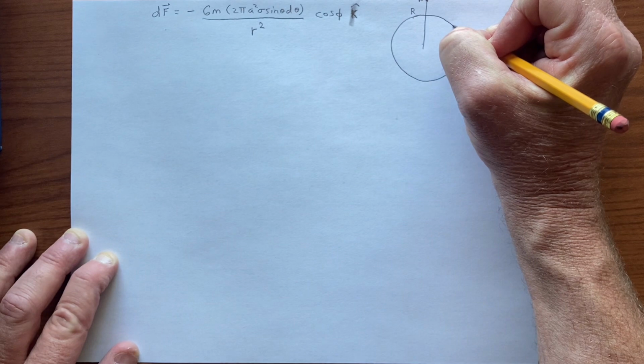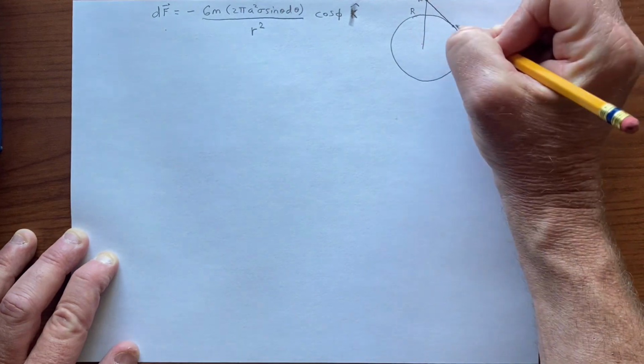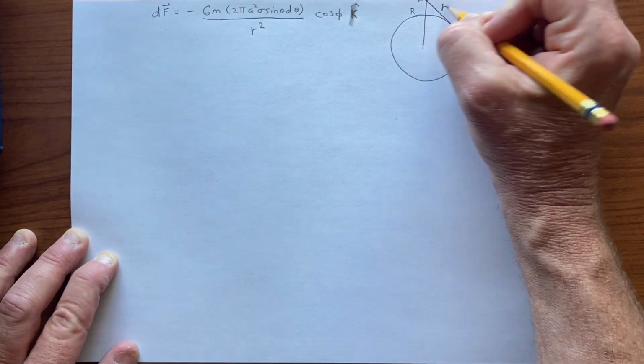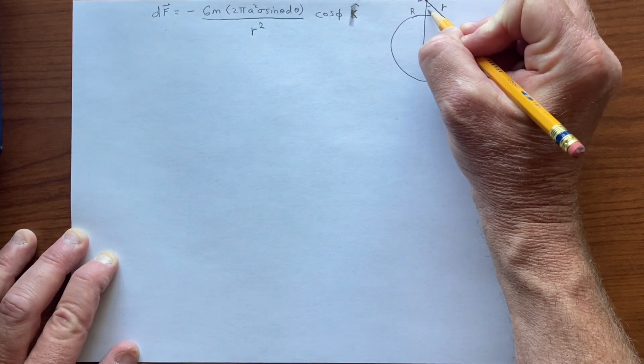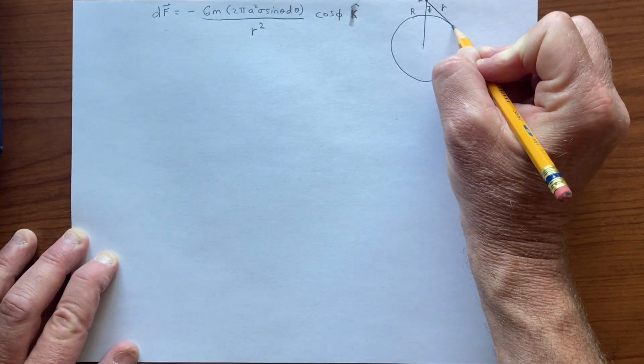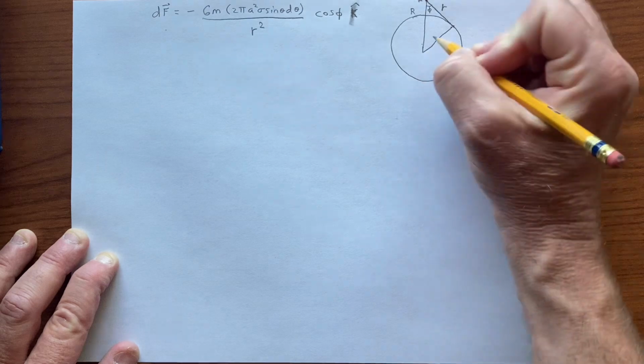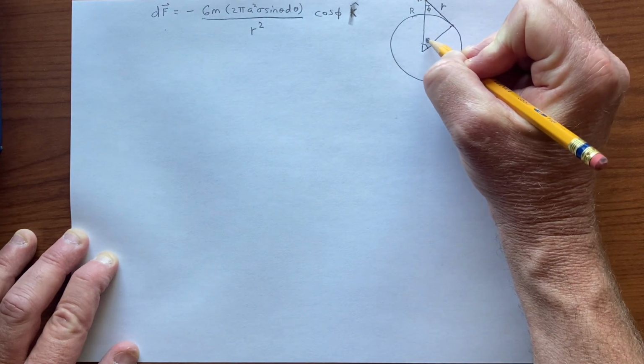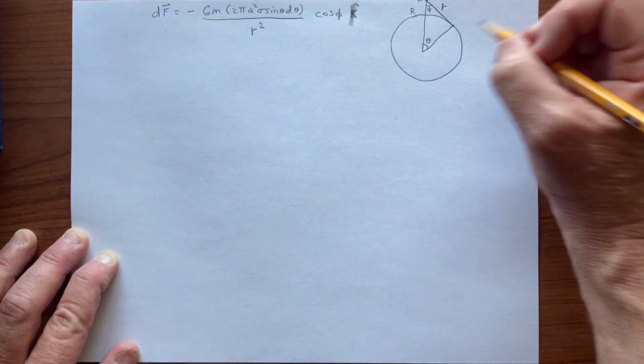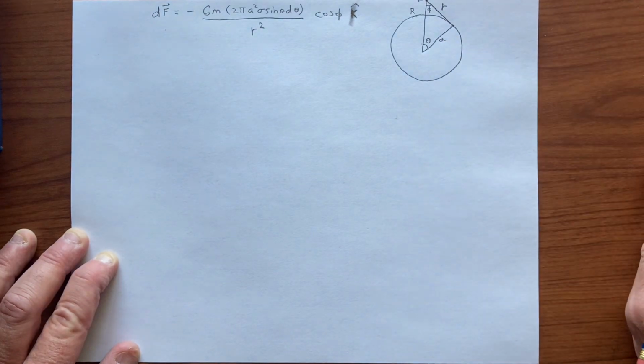And so there's a distance to there of r. There's an angle here. This is the angle we call phi. And then from here to there is theta. And this is the radius a.